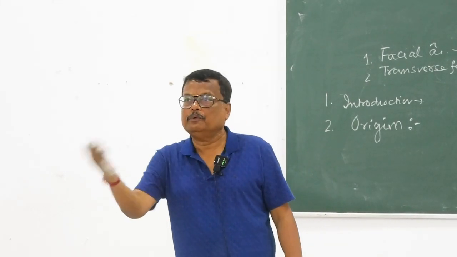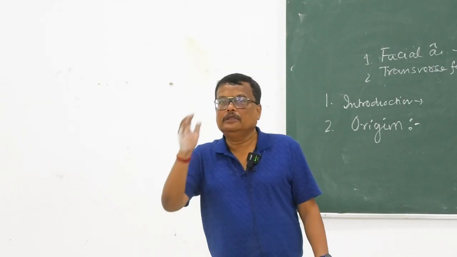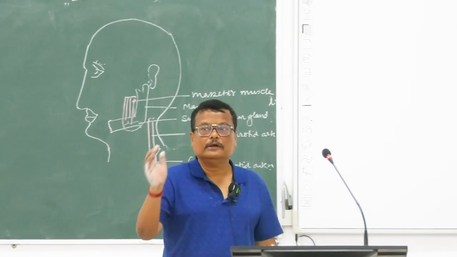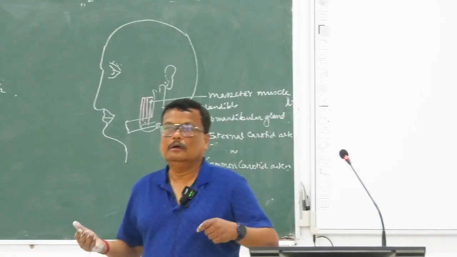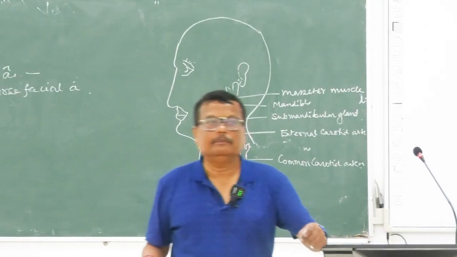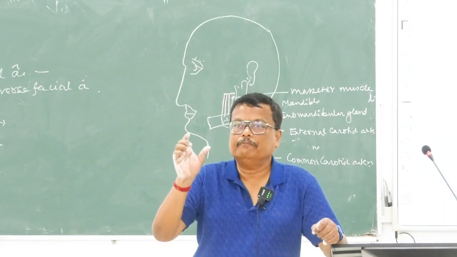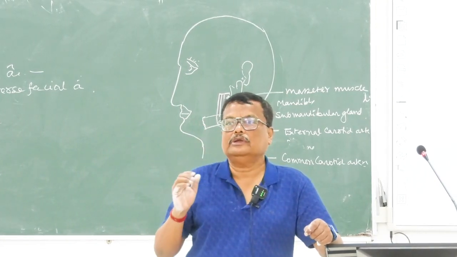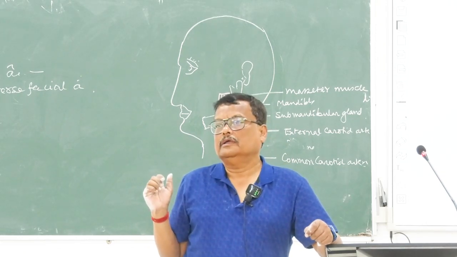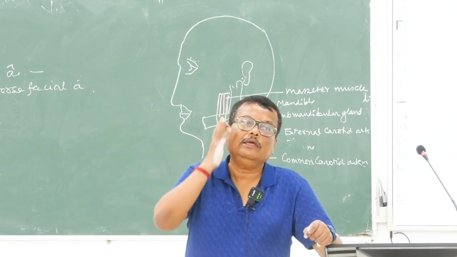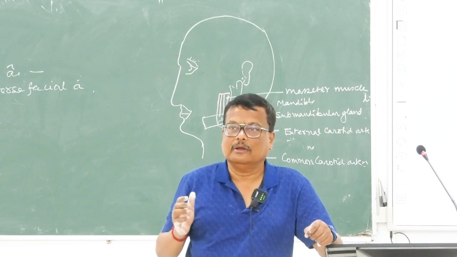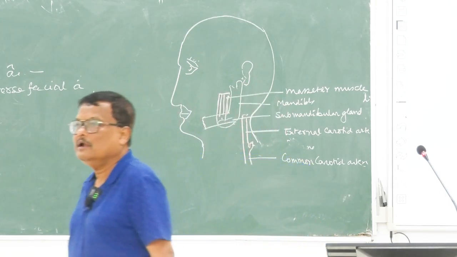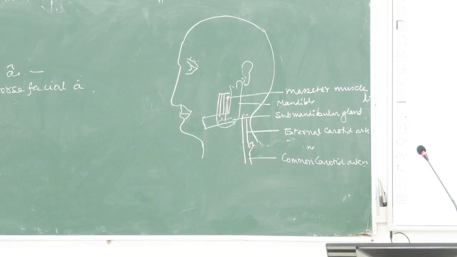And the common carotid artery, at the level of the upper border of thyroid cartilage, gives two branches, external carotid artery and internal carotid artery. External carotid artery is mainly for the face, neck, scalp region, and internal carotid artery is destined to go inside the cranial vault to supply mainly the brain, eyeball, etc.